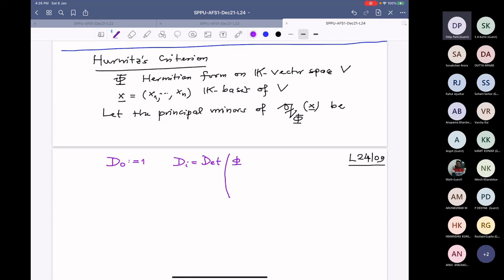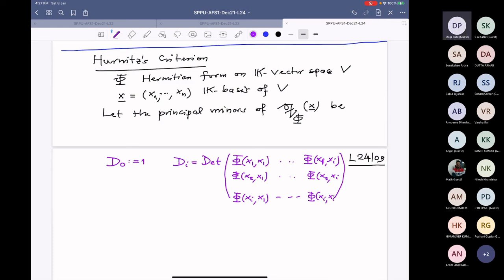That is, phi(x1, x1) up to phi(x1, xi) in the first row, then the second row phi(x2, x1) to phi(x2, xi), and the last one will be phi(xi, x1) to phi(xi, xi).